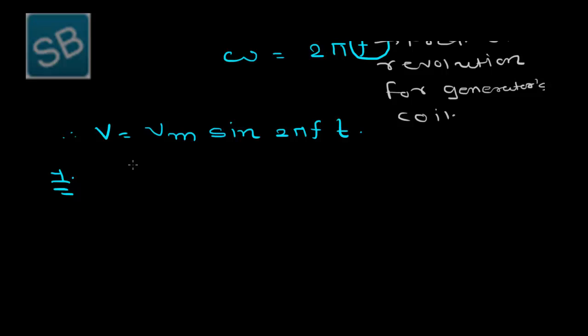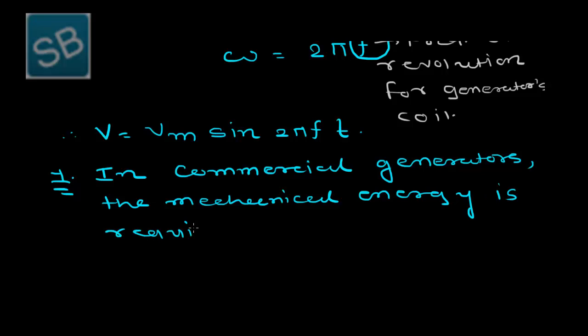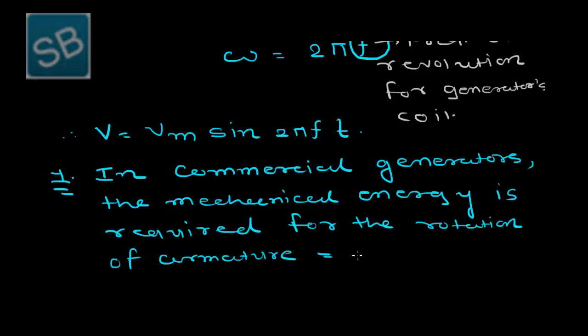So first, in a commercial generator, there is a requirement of mechanical energy for the rotation of the armature, that is provided by water falling from a height.